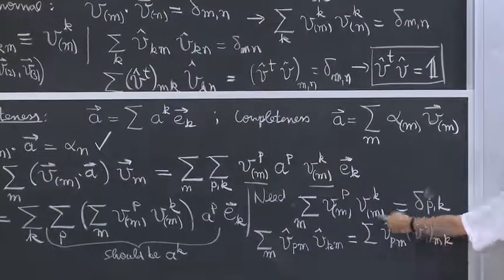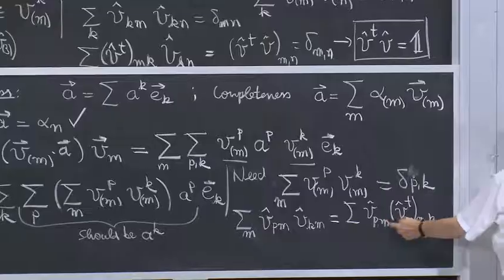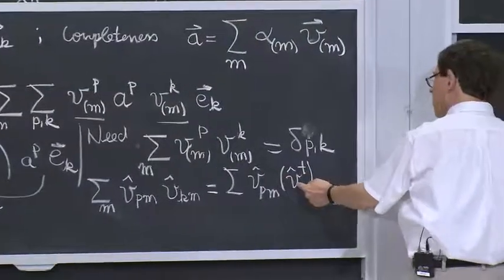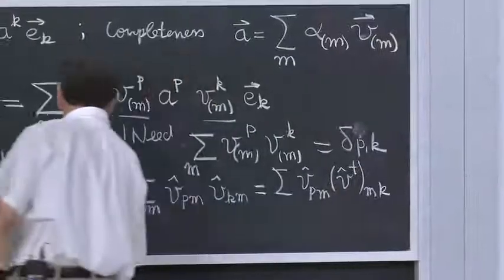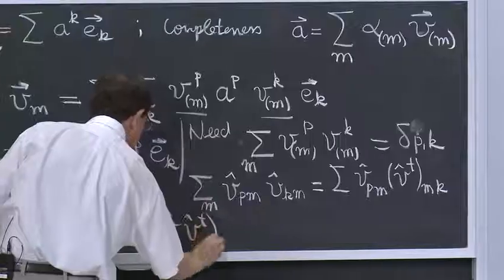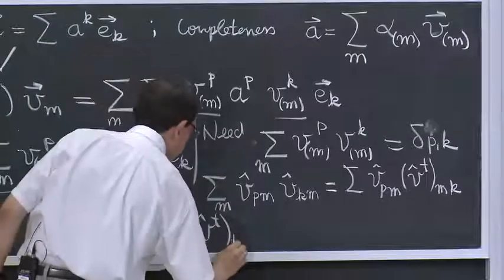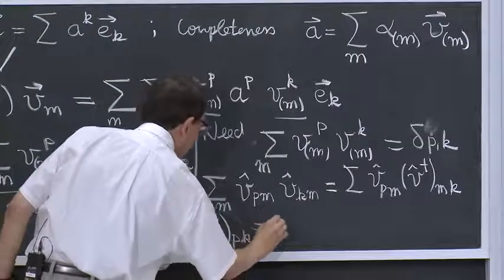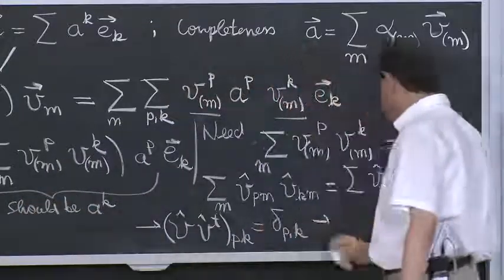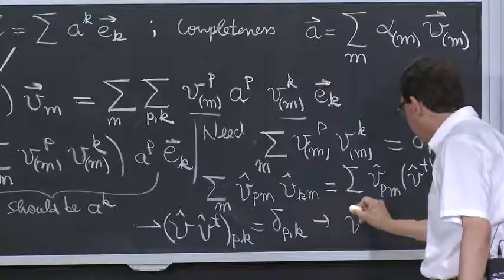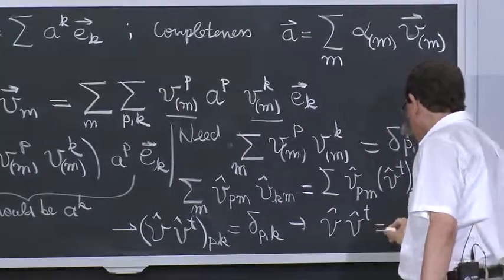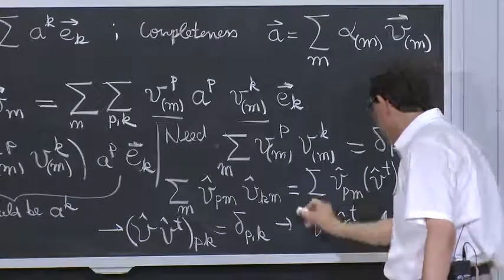And now this left-hand side is recognized as the product of v hat times v hat transpose. So we've obtained that v hat v hat transpose sub pk is delta_pk. Or in other words, that v hat v hat transpose is equal to the identity.